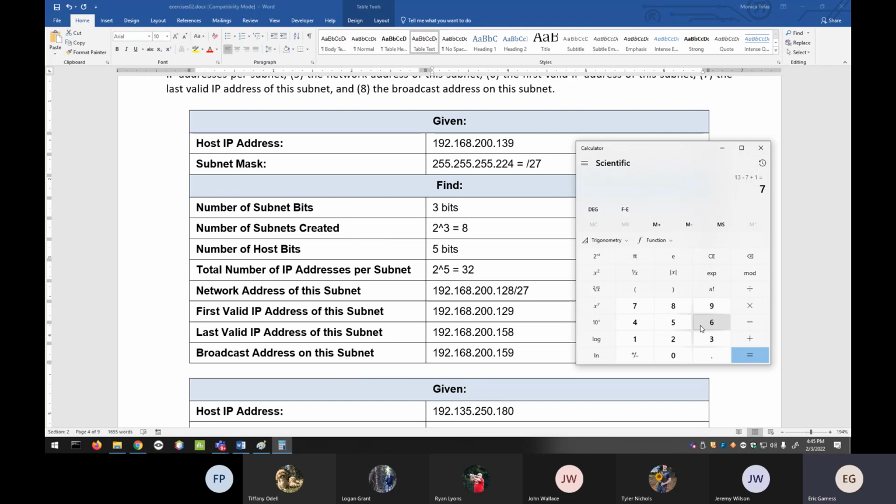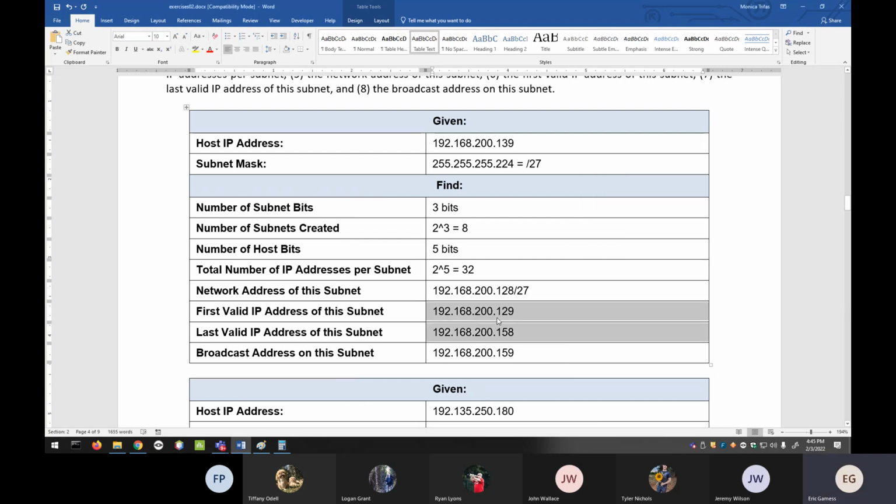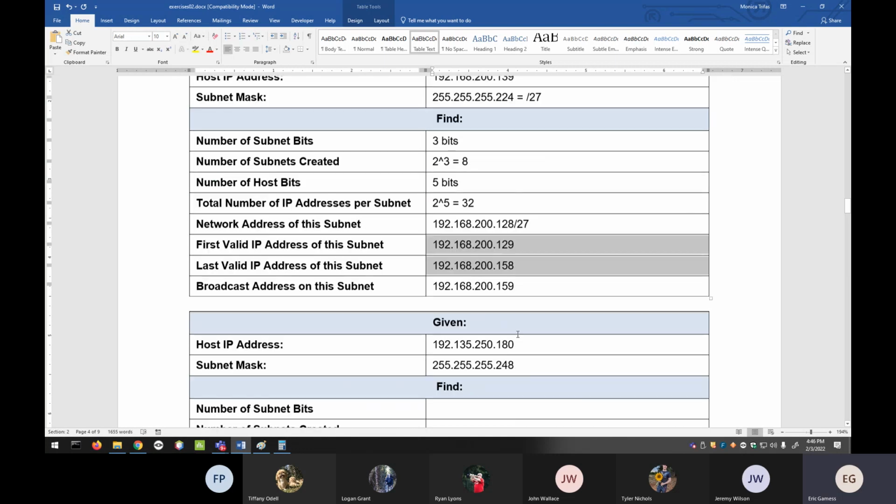So between P and Q, you have Q minus P plus 1. So between these two IP addresses, we have 158 minus 129 plus 1 IP addresses. And this gives us 30, of course.